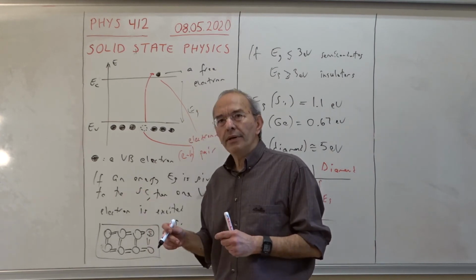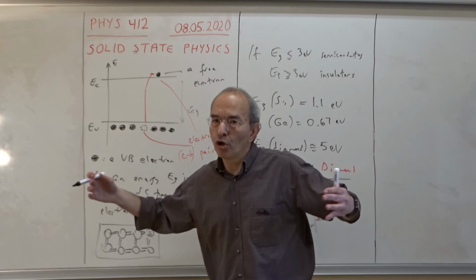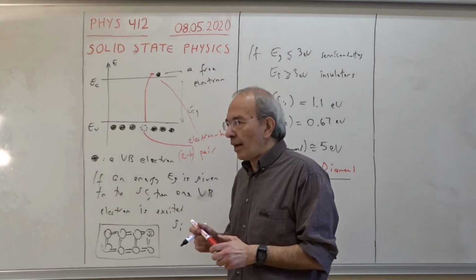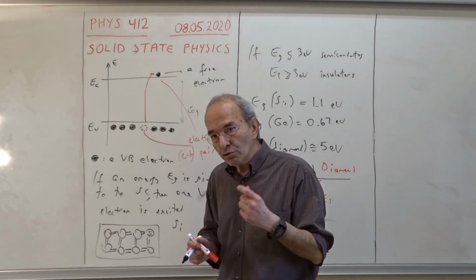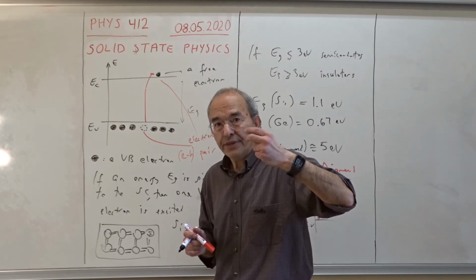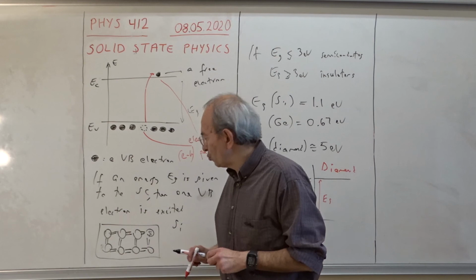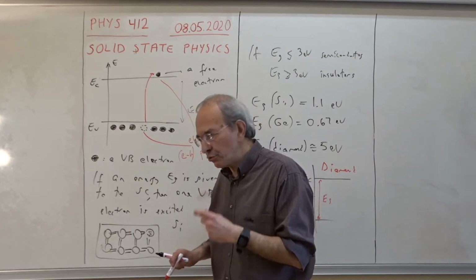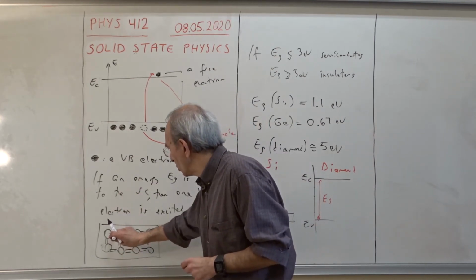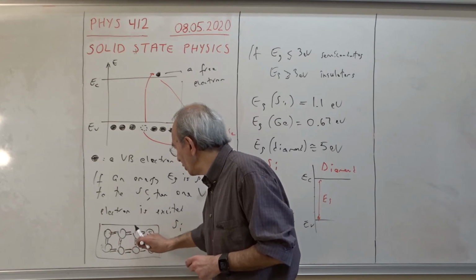Each of them is connected to the neighbors by bonds, covalent bonds. How do they form bonds? By the outermost electron. So each bond has, let's say, two dots. These dots are electrons. So in each bond, there are two electrons.